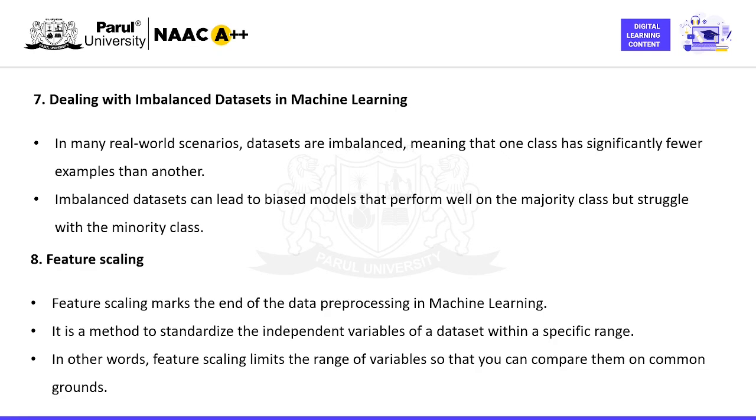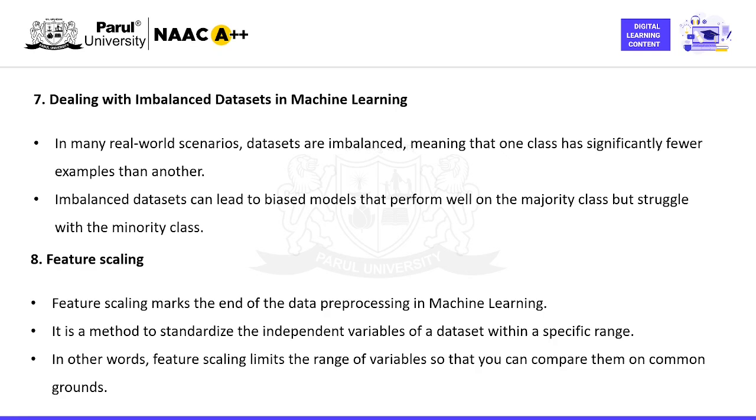So we also take care about feature scaling. The last step, feature scaling, marks the end of the data processing in machine learning. It means this step is the last step of our data pre-processing. It is a method to standardize the independent variables of a data set within a specific range.